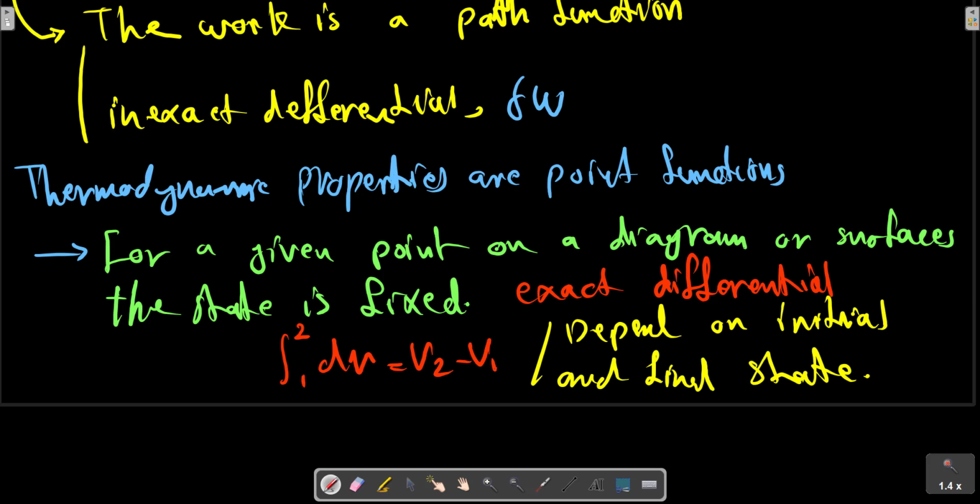Work, however, is a path function, as we said before. As has been identified, the work done in a quasi-equilibrium process between two given states depends on the path followed. The differentials of path functions are inexact differentials, and the symbol for an inexact differential is delta.